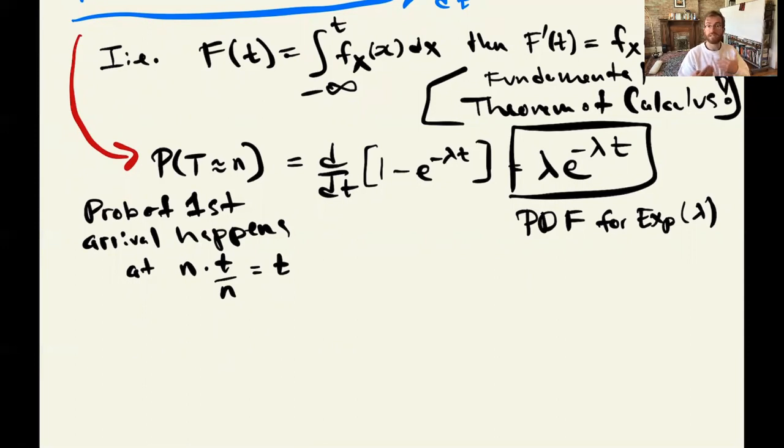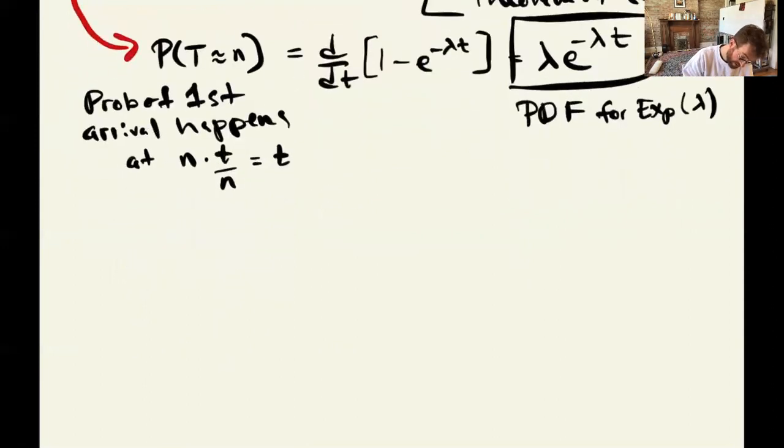Now, one nice thing is that if we look at the number of arrivals within that time window, that is actually well governed by a binomial. So let me back up a little bit here.